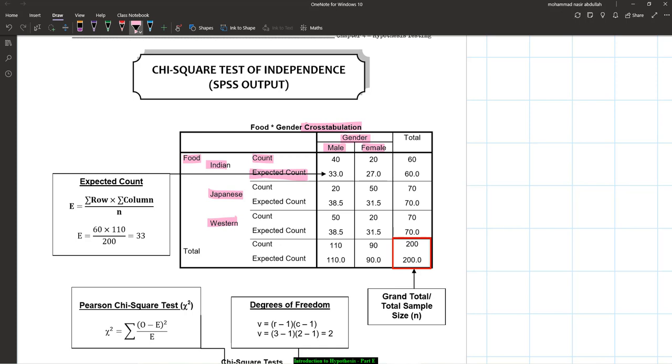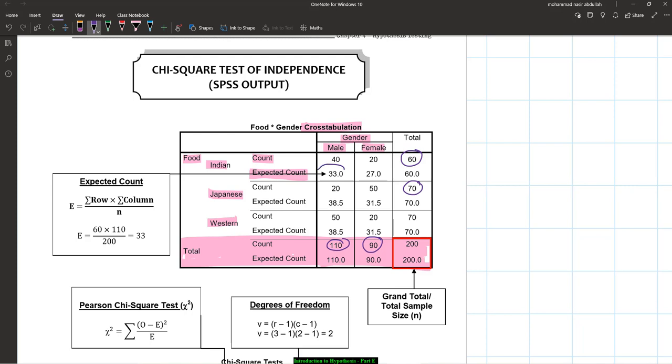And at the end of the columns we have the total, the total for each count and expected value. So this value of 110 is the frequency total for the column. This is the total for female, and this is the row total.